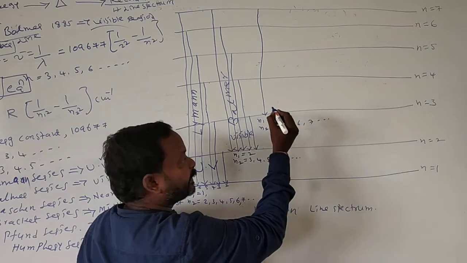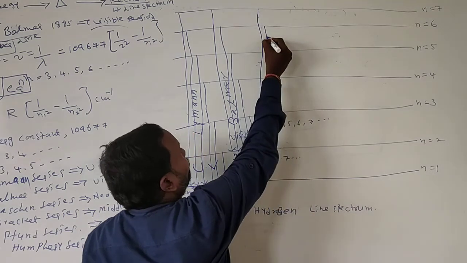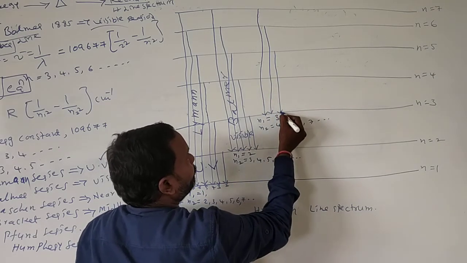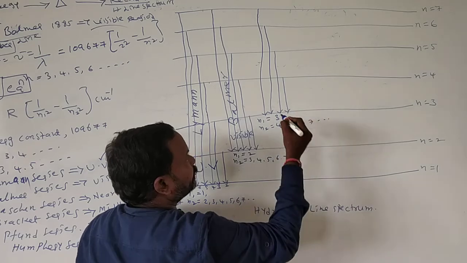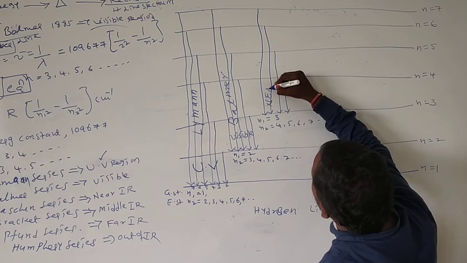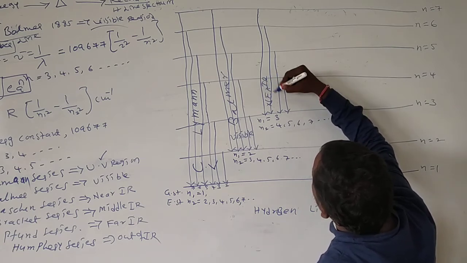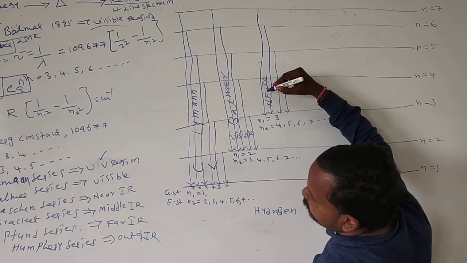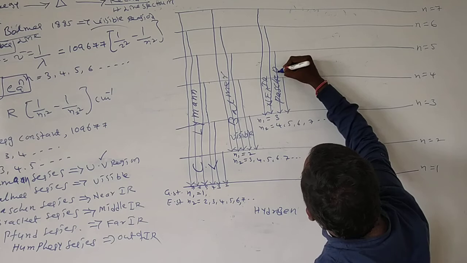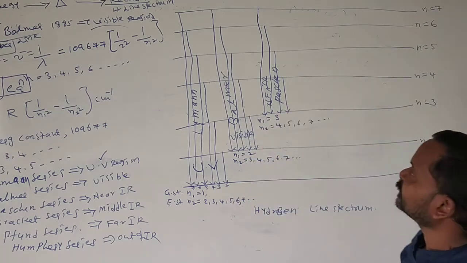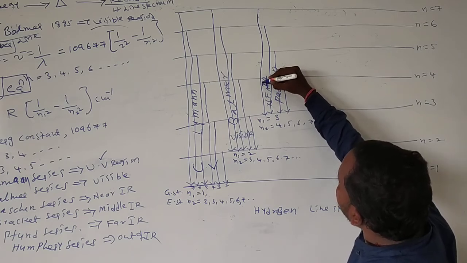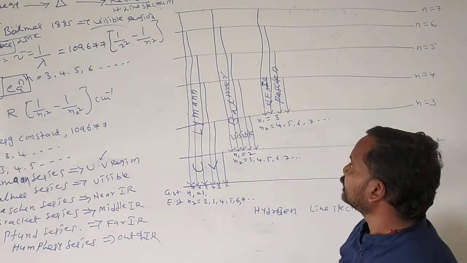This is observed at the near IR region. And here we call it Paschen series.